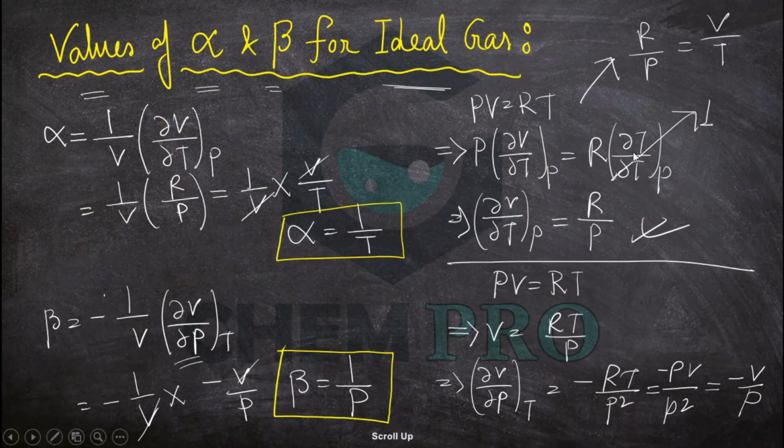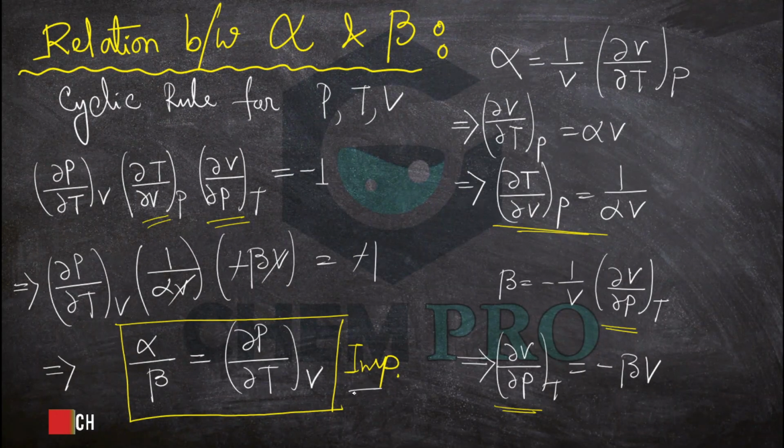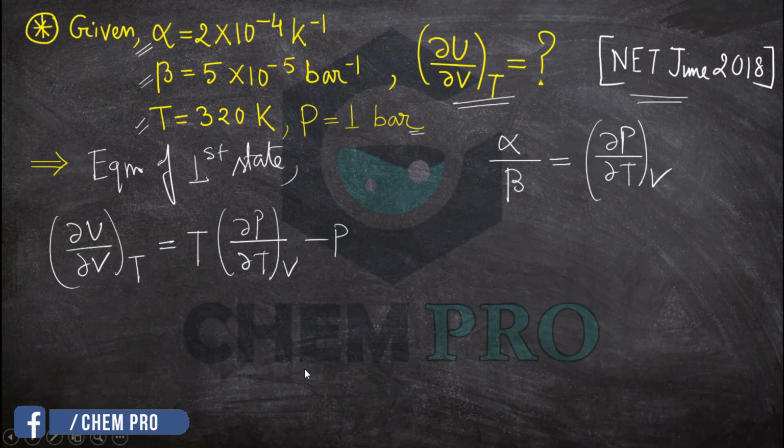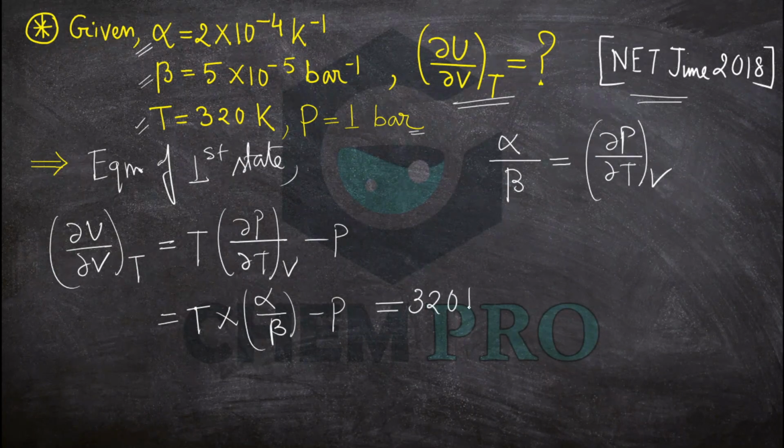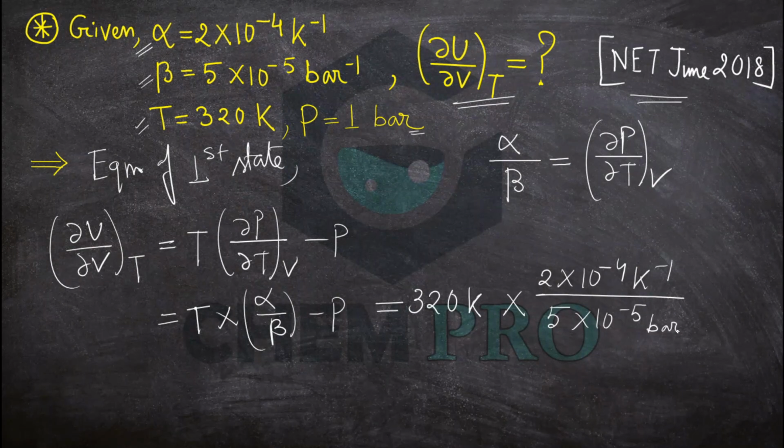We can check the previous slide, that is this. This is the relation alpha by beta equals (del P by del T) at constant V. So we can substitute the value and get T into alpha by beta minus P. Okay, so by putting the values, the temperature is 320 Kelvin into the value of alpha, that is 2 into 10 to the power minus 4 Kelvin inverse, by 5 into 10 to the power minus 5 bar inverse, minus 1 bar.